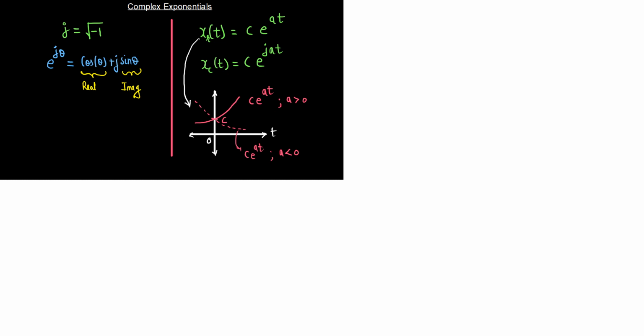I will use MATLAB to plot the signal e to the power j theta to visualize how this complex signal looks. I will vary theta from 0 to 2 pi, plot the real and imaginary parts separately, and visualize the signal as a whole. Let's see that.